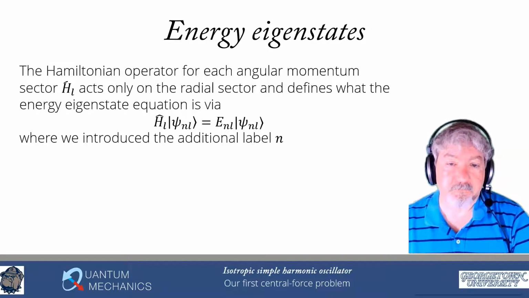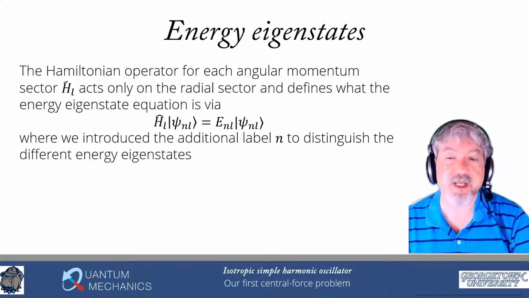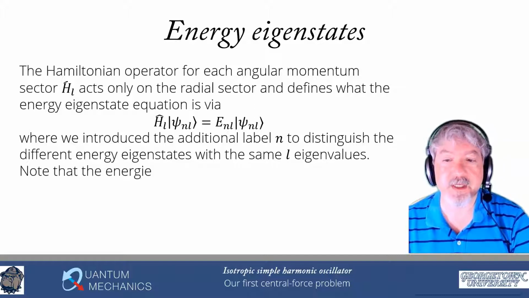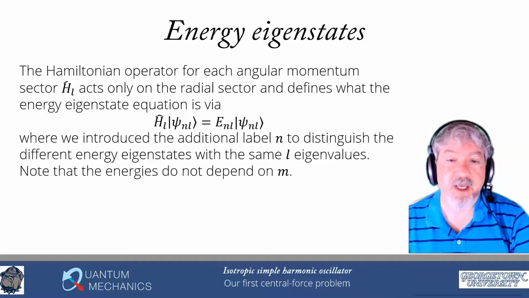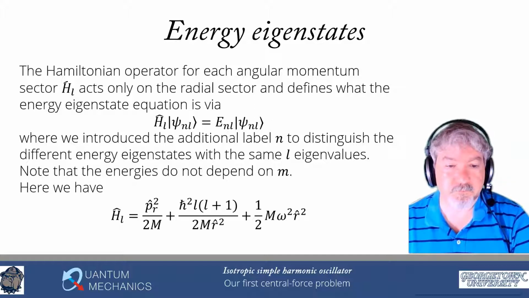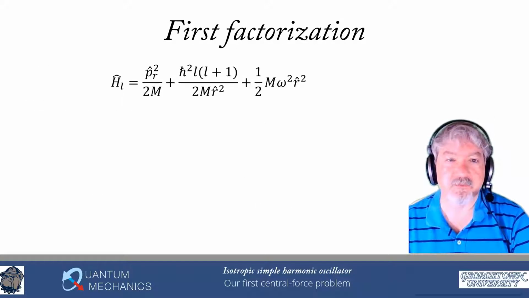And this label n allows us to distinguish between the different energy eigenstates that have the same total angular momentum L eigenvalues. And as I mentioned before, because this Hamiltonian is independent of m, the energies are also independent of m. So we have these separate angular momentum Hamiltonians that we have to solve the eigenvalue equations for.